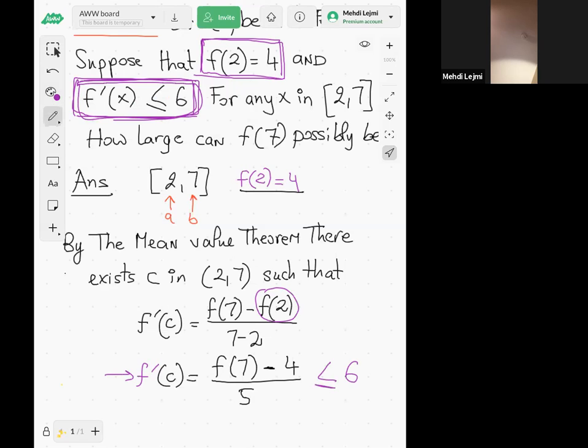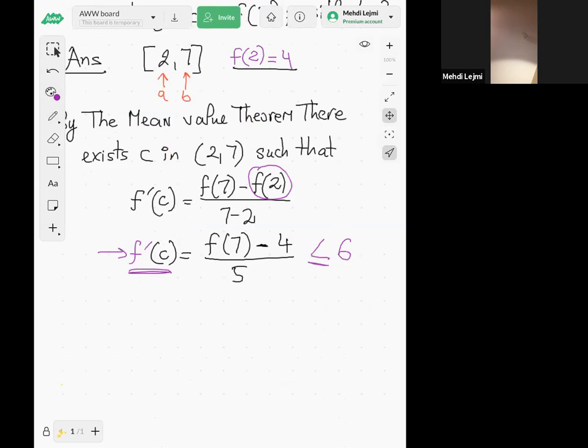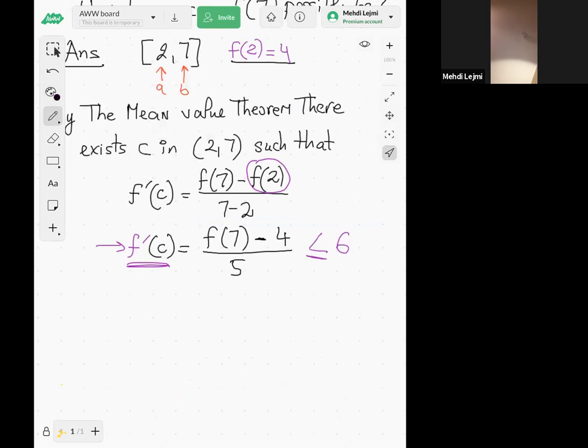So then I have f of 7 minus 4 over 5 less than or equal to 6, right?